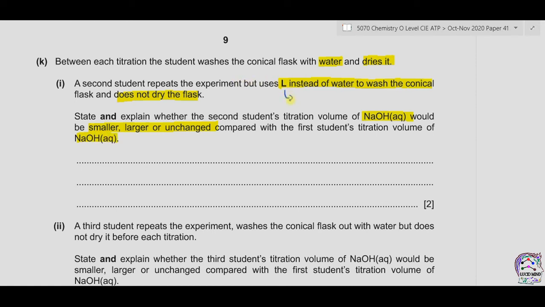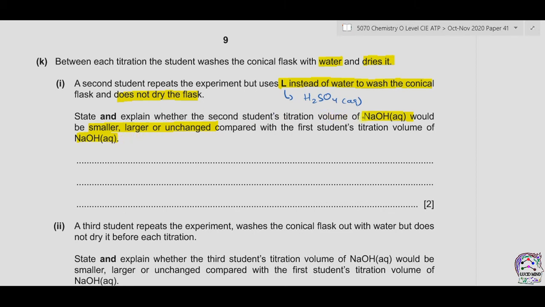As we know that L is sulfuric acid, and the second student does not dry the flask, so it means that the volume of sulfuric acid will be more. So when more sulfuric acid is present, then more sodium hydroxide will be required to neutralize it.